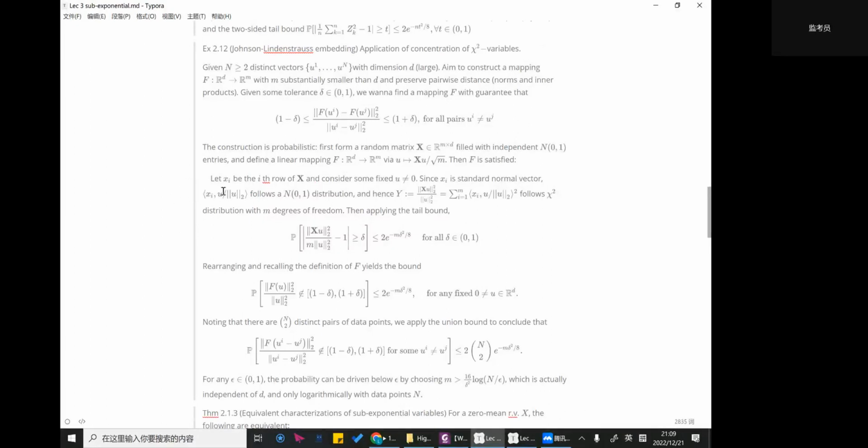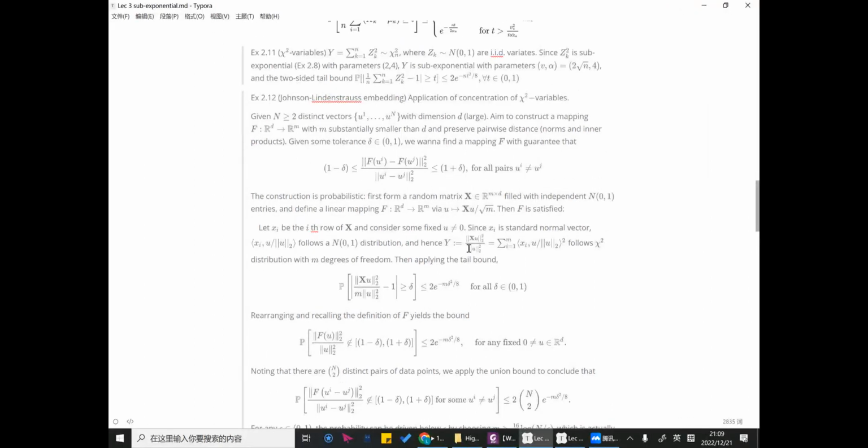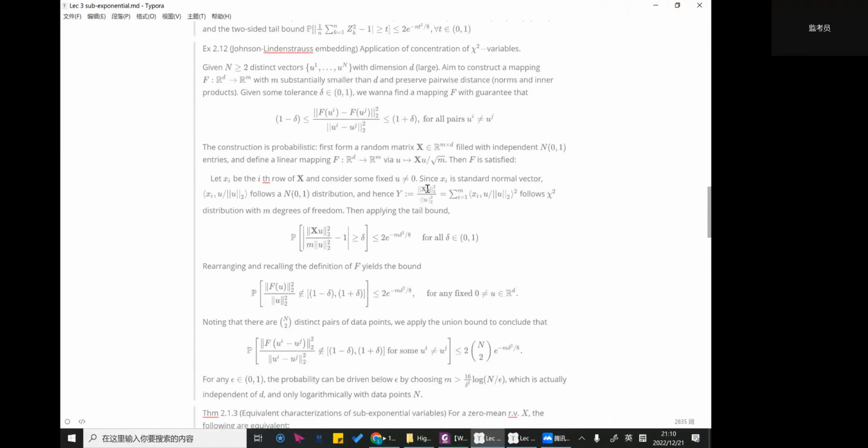So this also follows the standard normal distribution, and we get y, which is exactly the mapping. We can transfer this into the mapping f, and we get y that follows the chi-square distribution, and we get the tail bound. And rearranging the definition and recalling the definition of f, we finally get what we want.